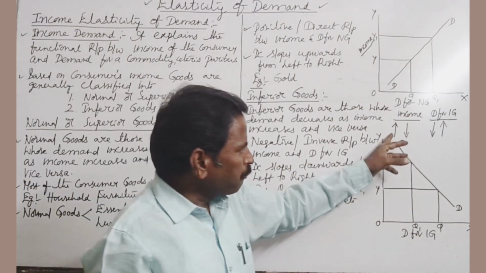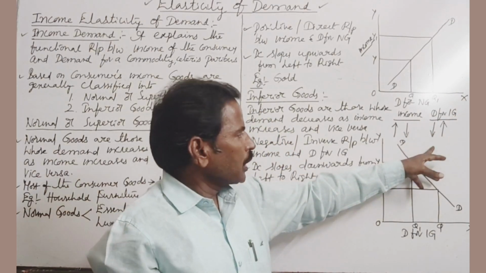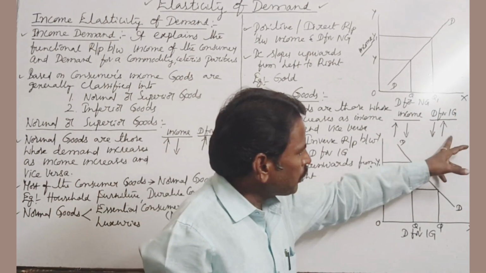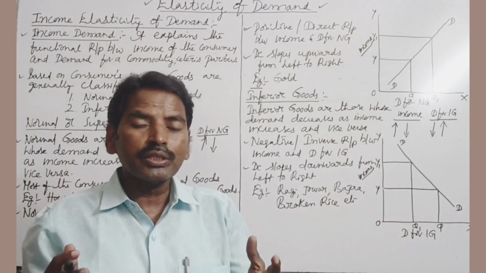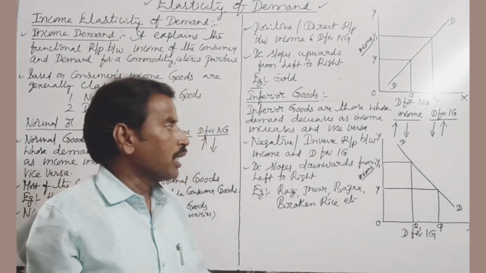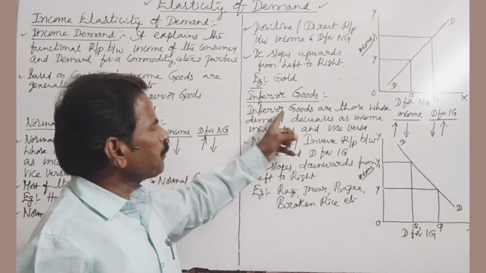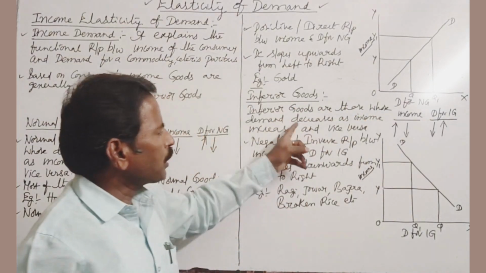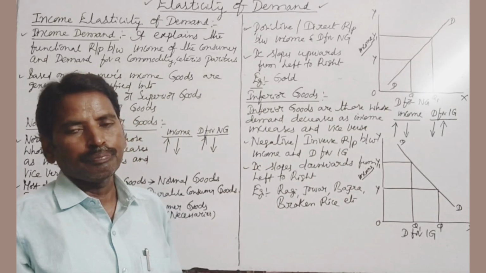That means if income increases, demand for inferior goods decreases, and if income decreases, the demand for inferior goods increases. There is an inverse or negative relationship between income of the consumer and demand for inferior goods.